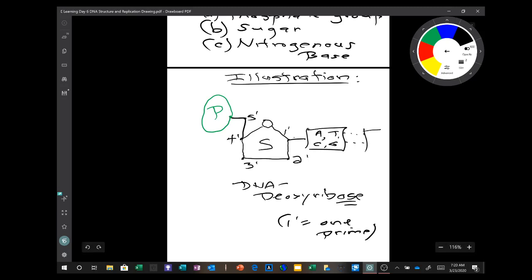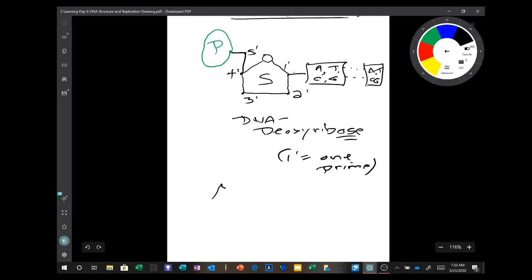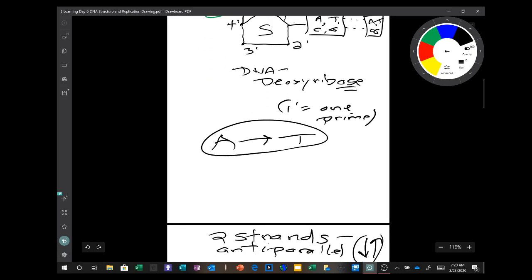This would be attached to another strand going on the other side. If you remember, adenine by Chargaff's rules always goes with thymine, always. And cytosine always goes with guanine.